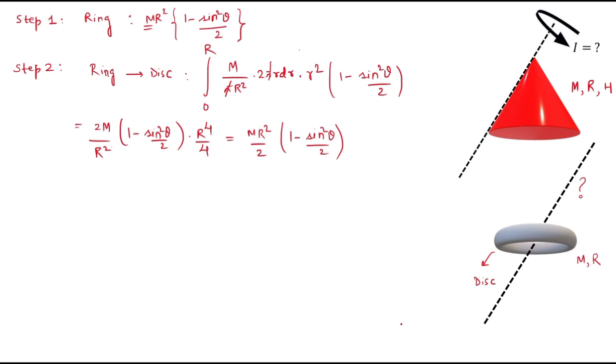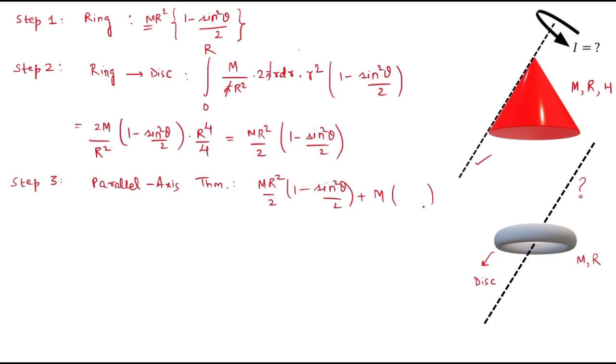Now we need to move on by shifting the axis. So step number 3, we'll apply the parallel axis theorem so that we can move on to the desired axis. So therefore the moment of inertia for that disk will be the previous term plus some extra term, which is the mass of the body multiplied by the separation between the axes.